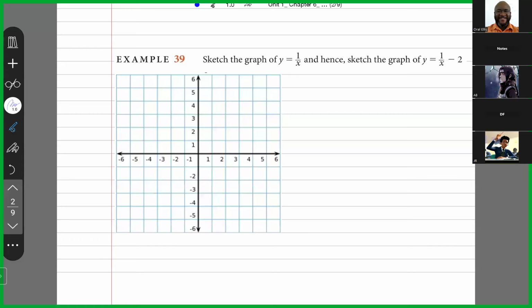All right, example 39 asks us to sketch the graph of y is equal to 1 over x, and hence sketch the graph of y is equal to 1 over x minus 2. So the first thing we need to remind ourselves of is what does the graph of y is equal to 1 over x look like? So I'm sort of just doing a little sketch of it to the left.